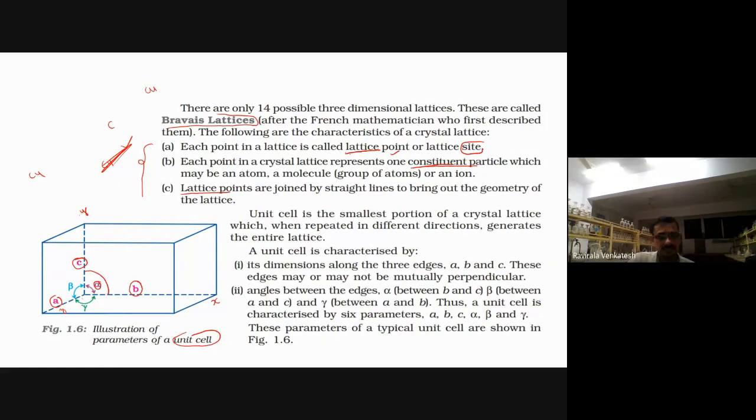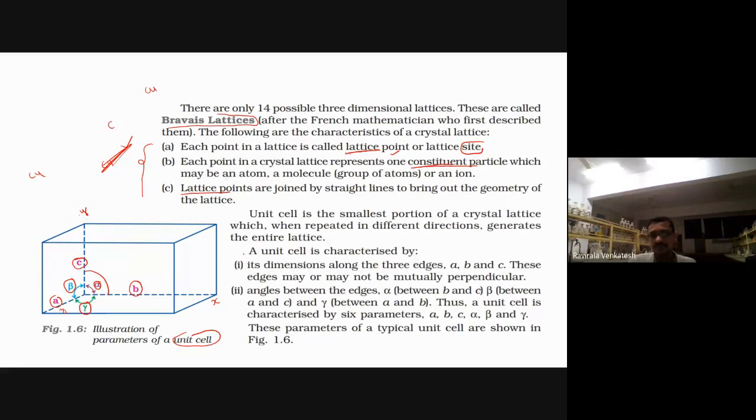The angle between the x and z axis you are calling gamma. The angle between the y and z axis you are calling beta. This is about the terms actually.